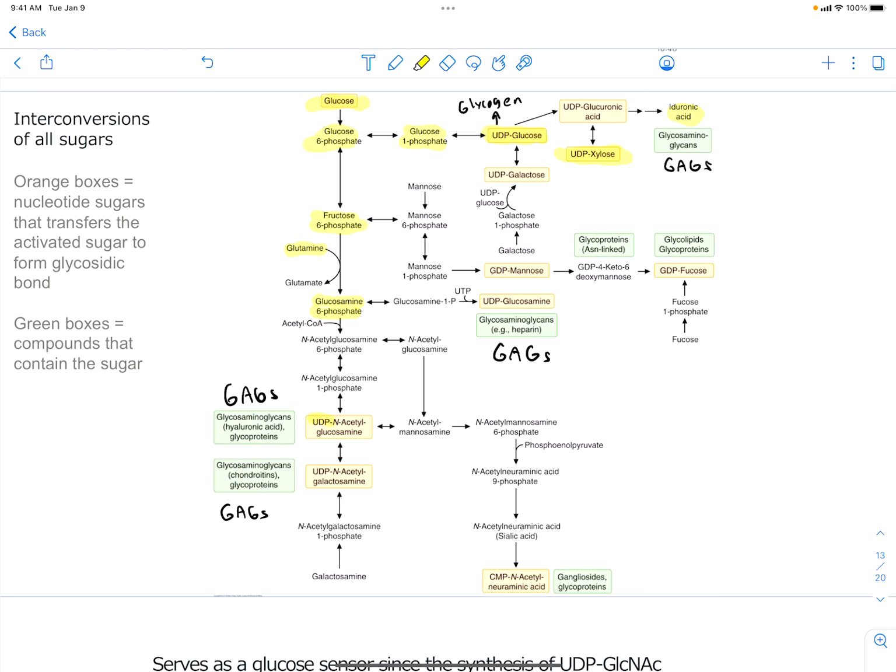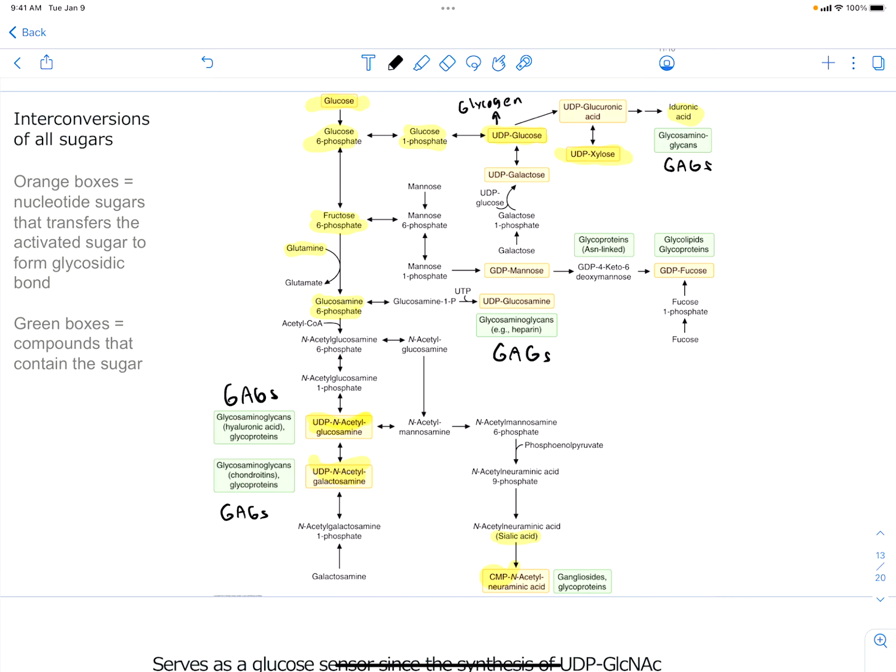And we also have, of course, once you have UDP N-acetylglucosamine, this is going to form potentially our sialic acid, and this is going to form that sugar, that CMP, which is very unique, and this is important for our gangliosides and glycoproteins.